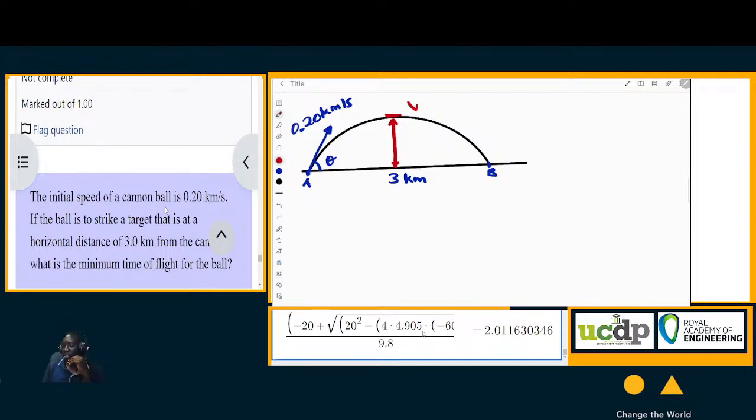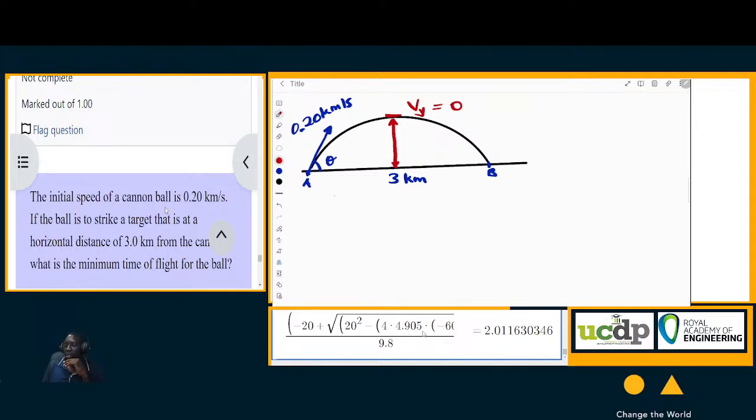Yes, so the vertical velocity is actually 0. That's true. So from A, we have the initial velocity, and on that Vy we have the final velocity.